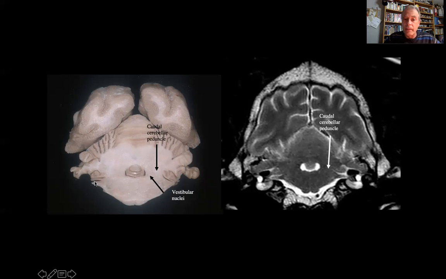This is the facial and vestibulocochlear nerve, right? And this is the lingula of the cerebellum. Okay? The ventral paraflocculus, dorsal paraflocculus, and the flocculus here. On an MRI, it is located in this area here, the caudal cerebellar peduncle.